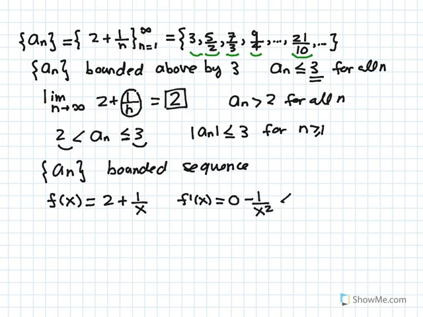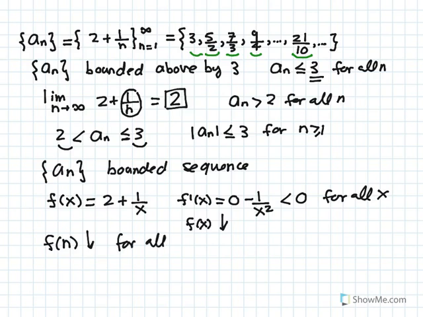The derivative is negative for all x. So what does that tell us? That means that f of x is decreasing. Of course, that means f of n, the sequence, is decreasing. So we have applied a derivative to show that this sequence is decreasing. So basically, we have a sequence that's bounded.